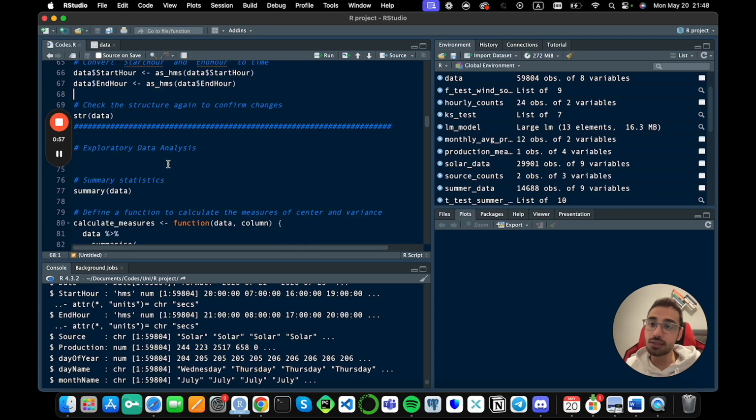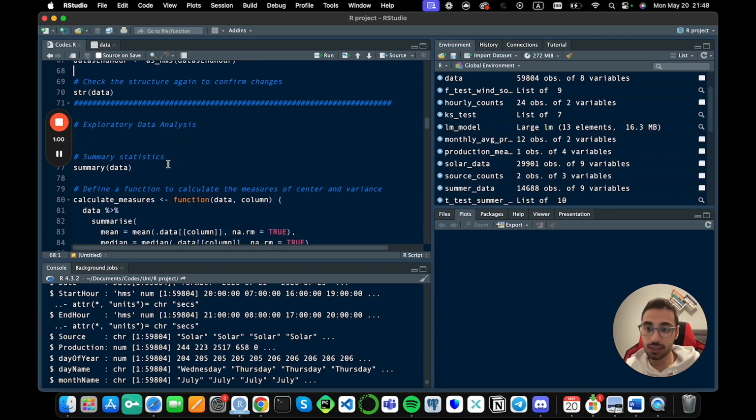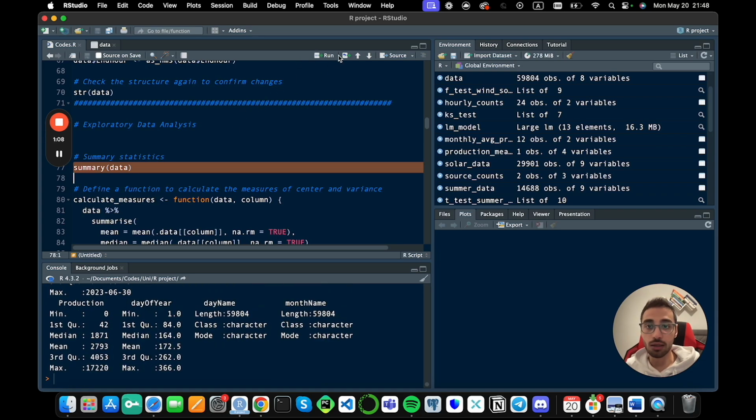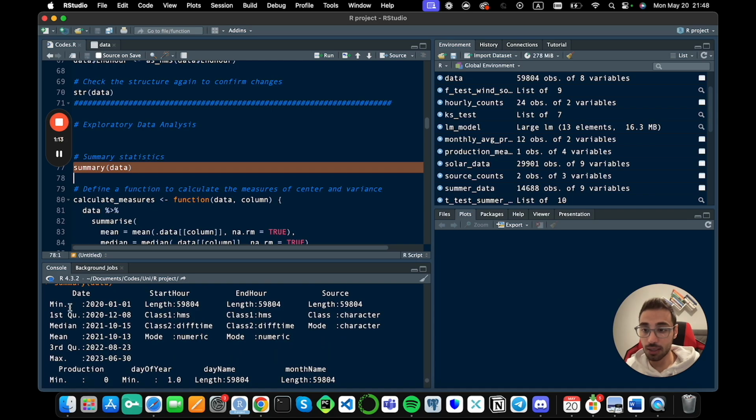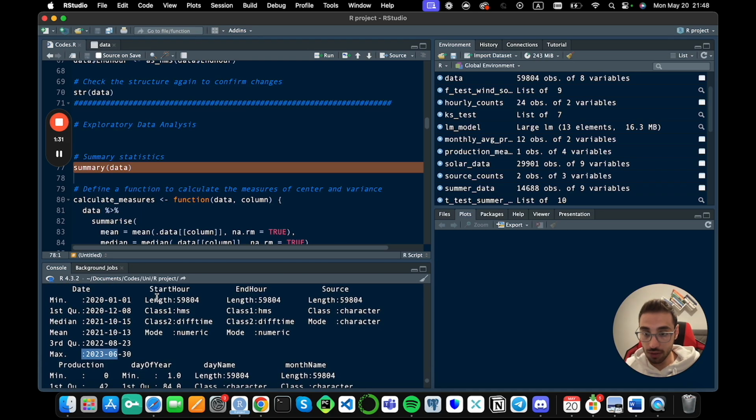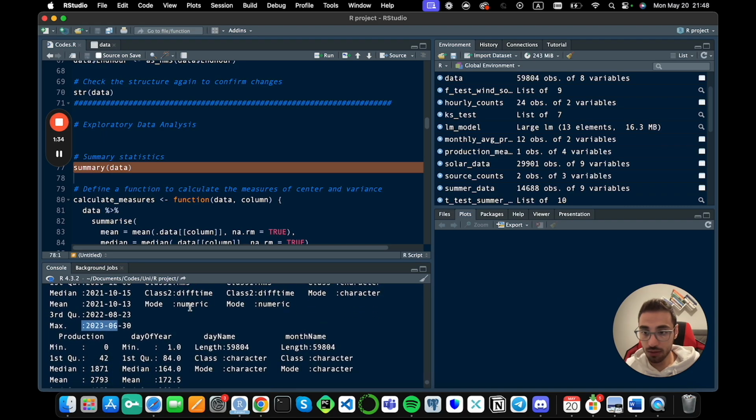The next step is exploratory data analysis, EDA. So we can print a brief summary of our columns with summary function, and we can check it out here. The starting date is the first day of 2020 and the last day is June of 2023, almost 4 years. And for example, start hour doesn't matter.